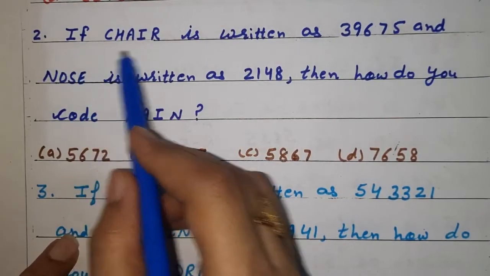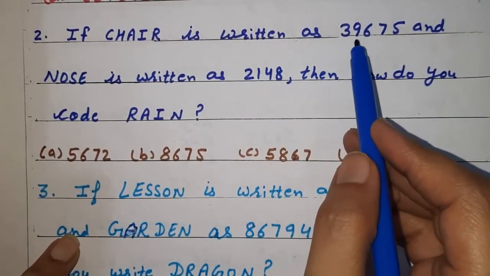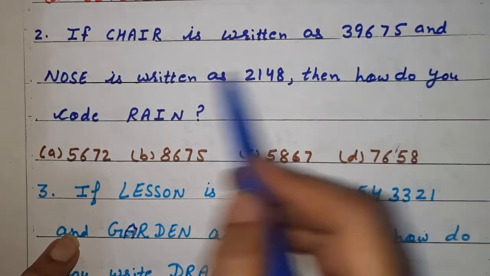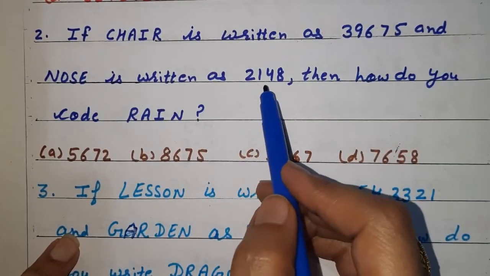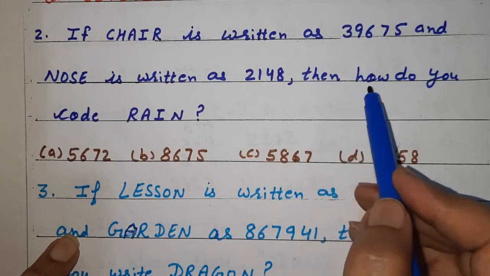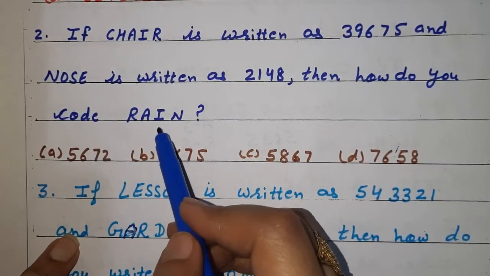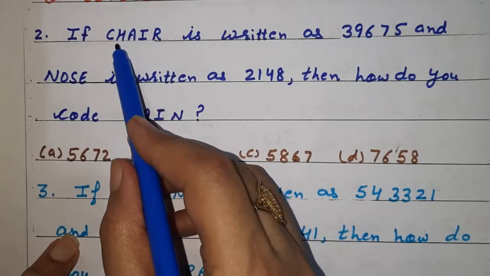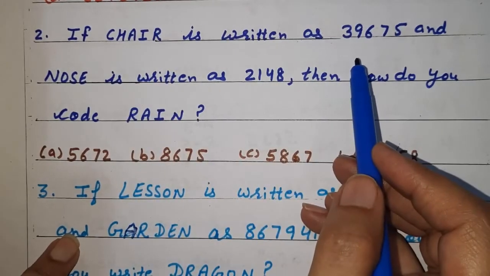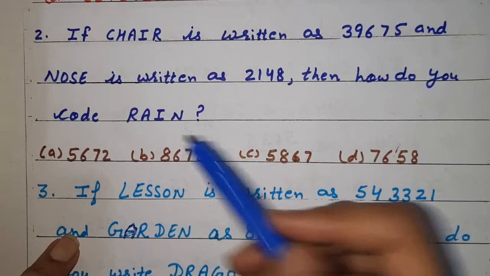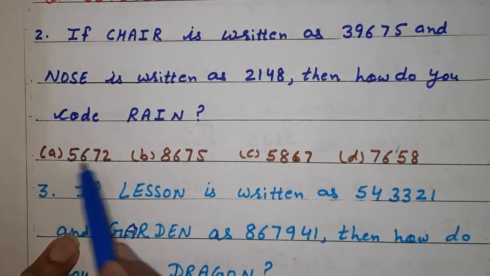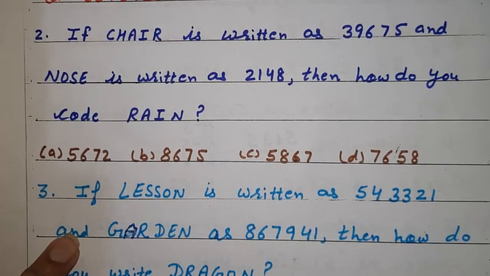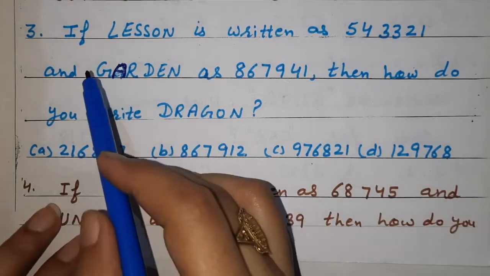Question number 2. If chair is written as 39675 and nose is written as 2148, then how do you code rain? Now again you have to find out the code for the alphabets and then find the answer for rain. 4 options are given. Option A, B, C and D. Question number 3.